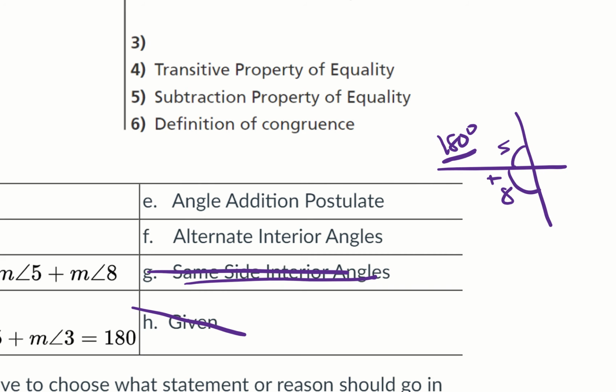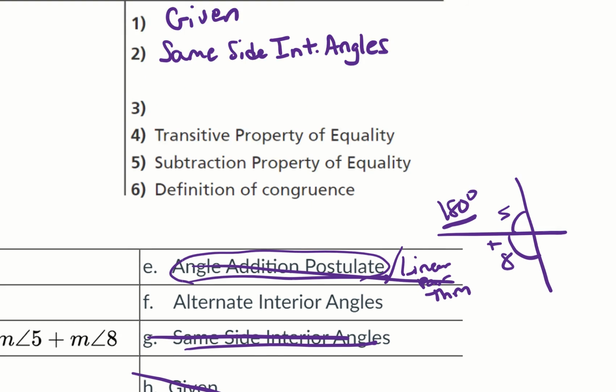You can also call it an angle addition postulate because we're adding two angles together. But sometimes they'll call this linear pair theorem. So be aware of that. Sometimes they'll say angle addition, sometimes they'll say linear pairs theorem or something like that. But if they say that, it means the same thing. So we're looking at angle addition postulate. Let's use that for here.